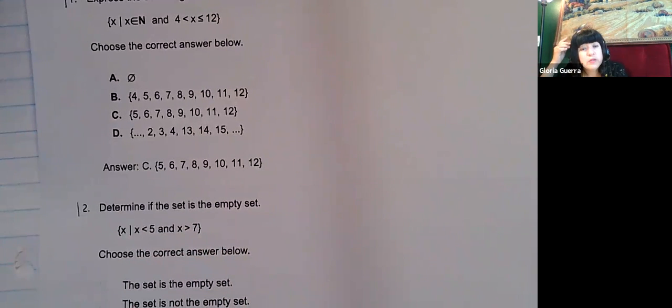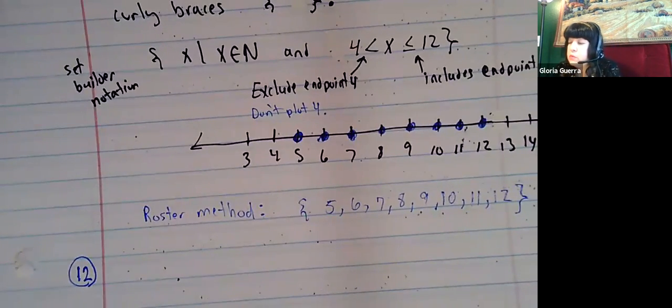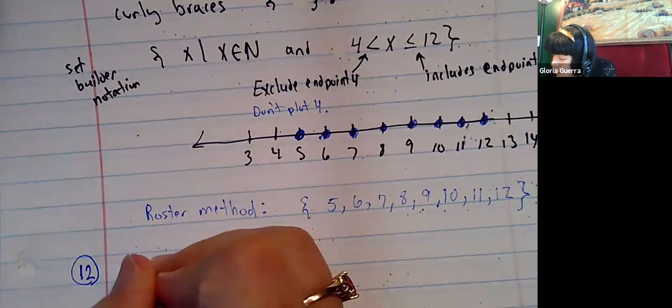Okay. All right. So first, let me give you some information about what the empty set is, which I did a while ago too. Let me just write something down.